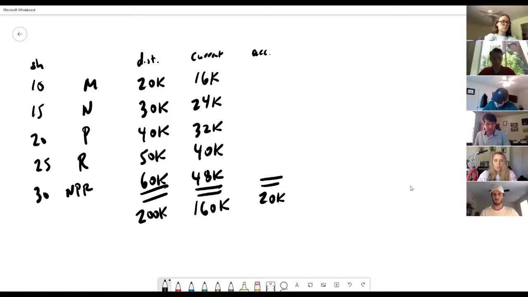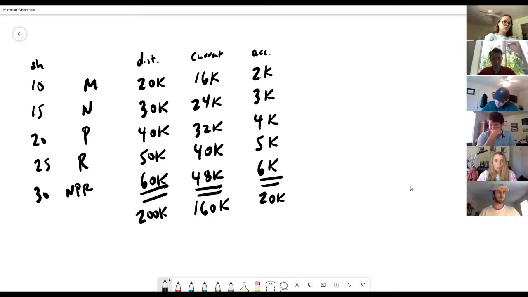And so 10% is going to go to M, 15% to N, 20% to P, 25% to R, and 30% to NPR.